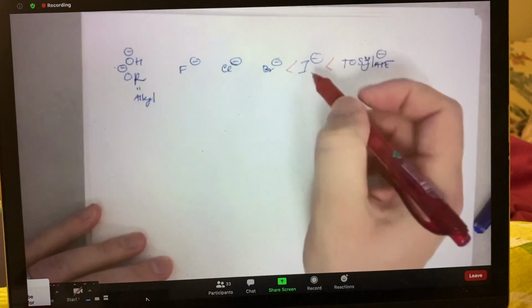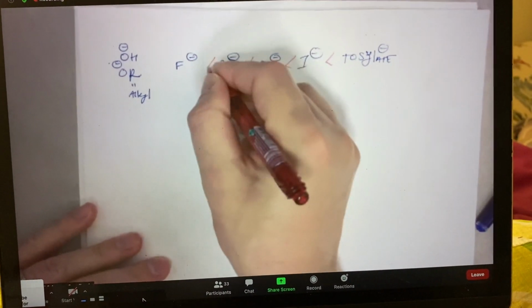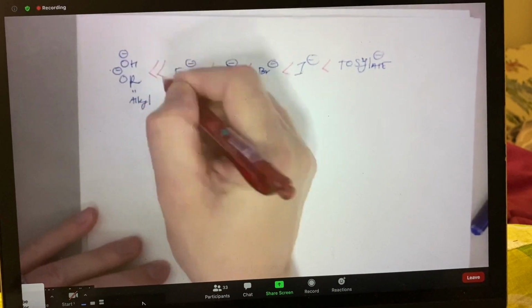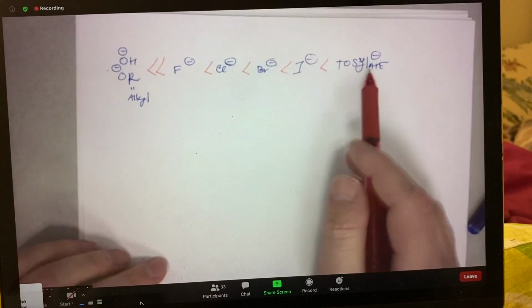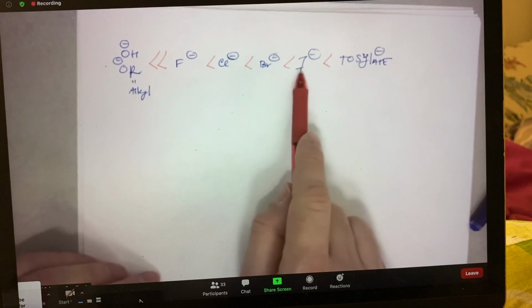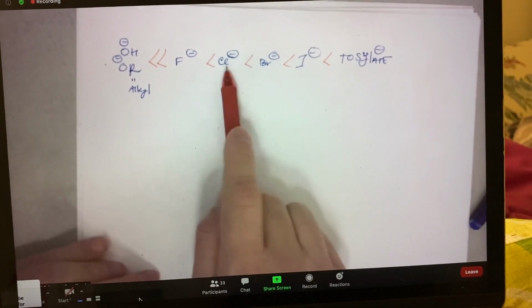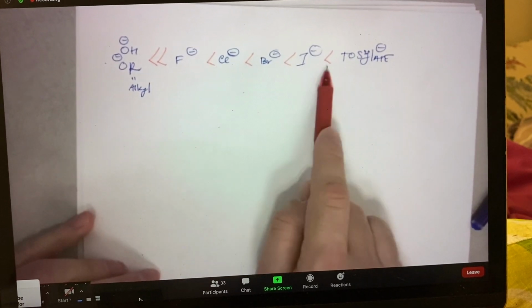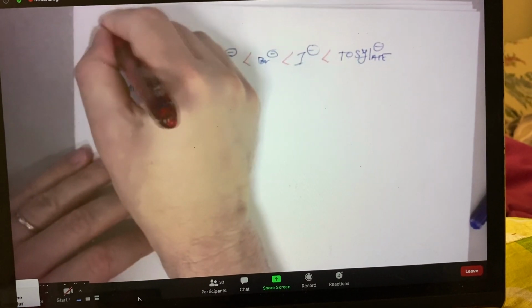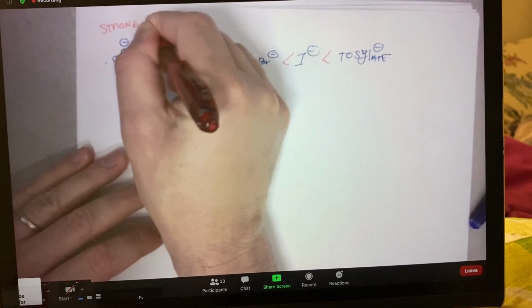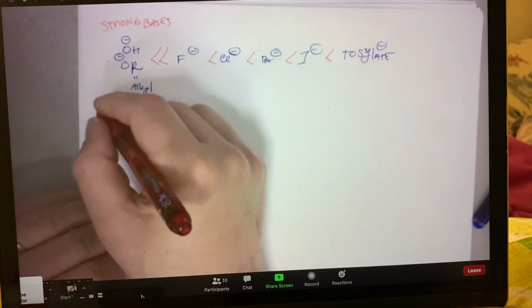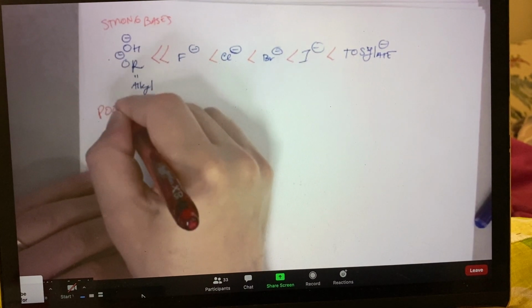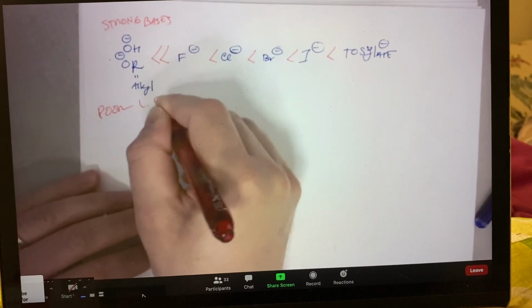And I minus is very, very common, so is Br minus and Cl minus. We'll learn about tosylate in a minute, but we know that this is a weak base. Still weak base. Now we're getting into less weak bases compared to these. And these are strong bases and poor leaving groups.